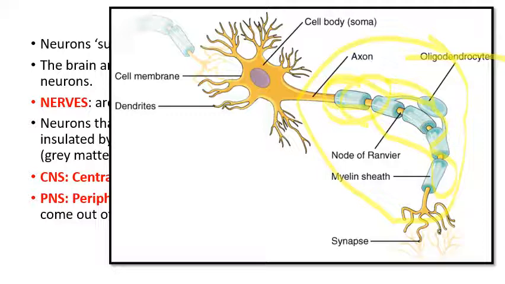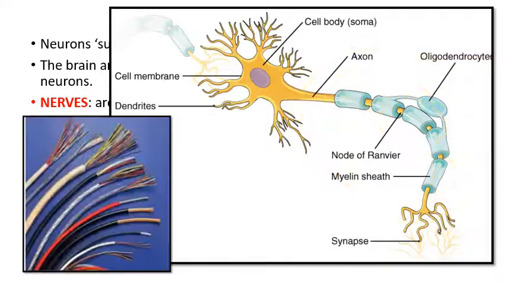These particular glial cells don't produce the myelin and then paste it onto the outside of the axon. They produce it inside their own body, and then they wrap their own body around the axon in order to insulate it. And they have a whitish appearance.